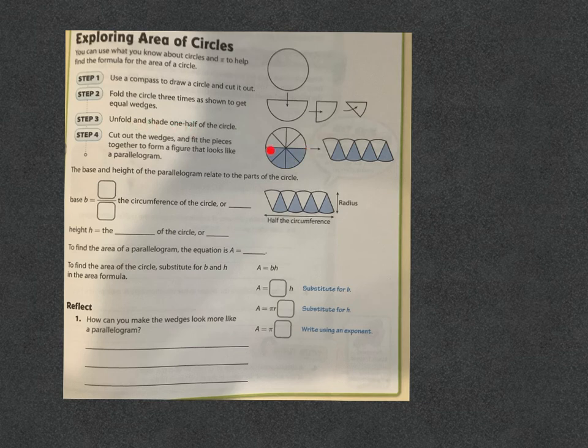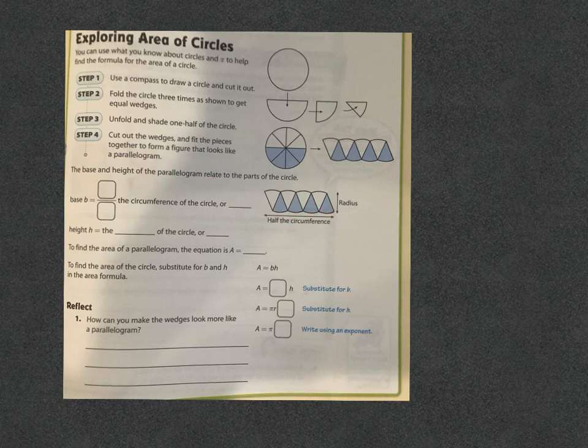So that would be half of our area, right? Our whole area would be the whole thing. So they say shade in half of it. And then they tell you, go ahead and cut out those pieces and line them up so that they're this spiral looking thing with the half of the circle shaded in, and the other half not. The base and the height of this parallelogram that we have now created relate to the parts of the circle.